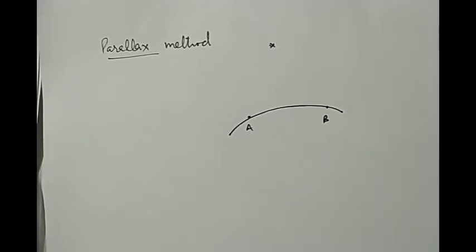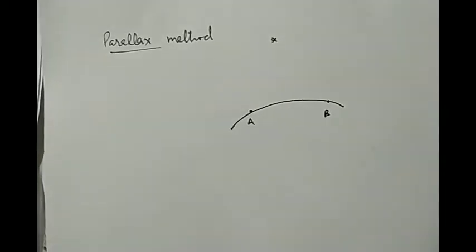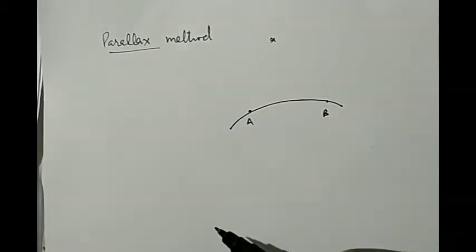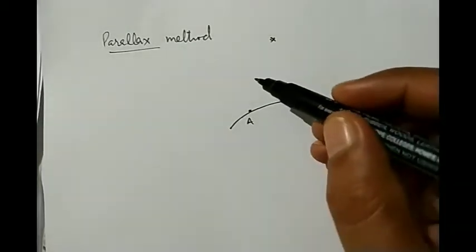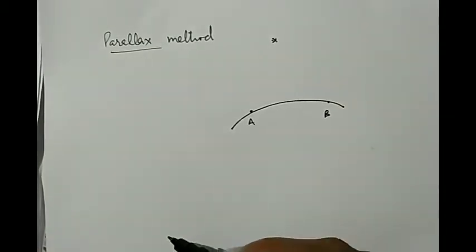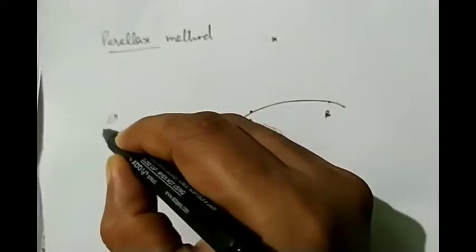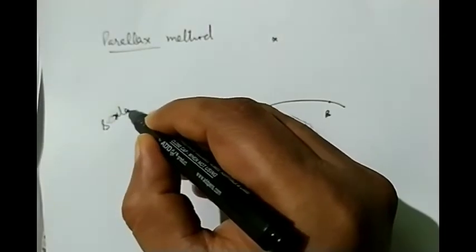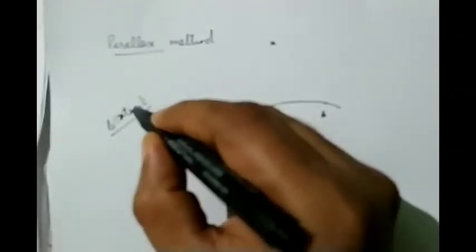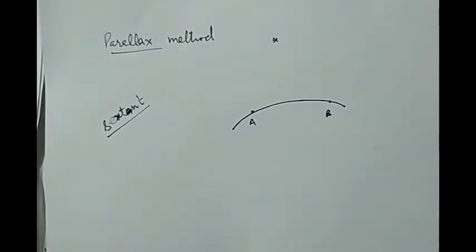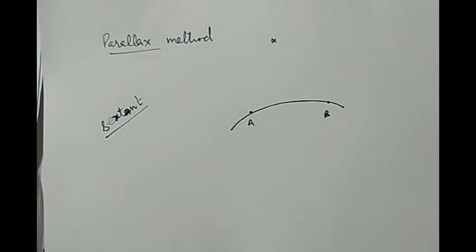Now see here, I want to measure the distance of this star which is very far away. So first of all, I will use a device that is known as a sextant. It is used to measure the angle.